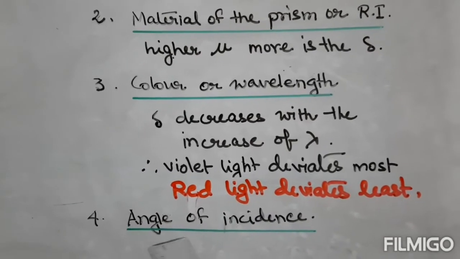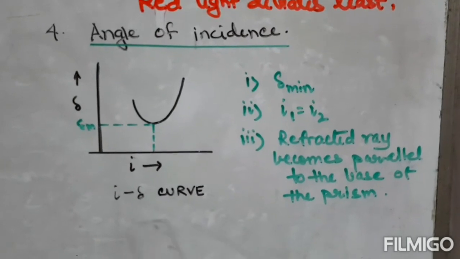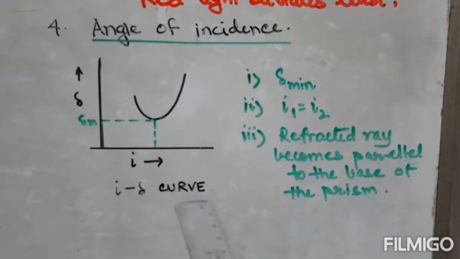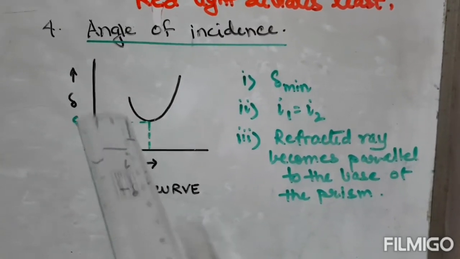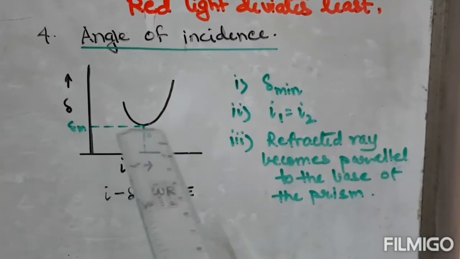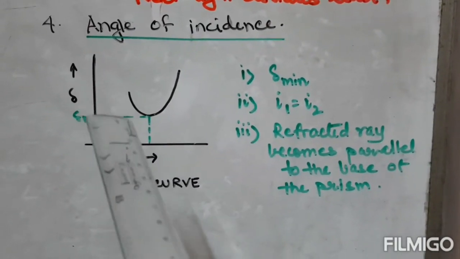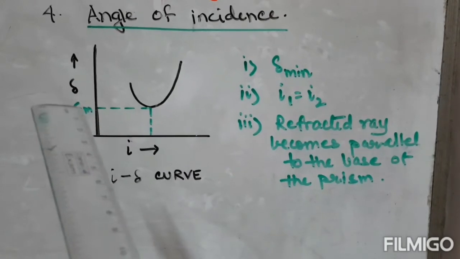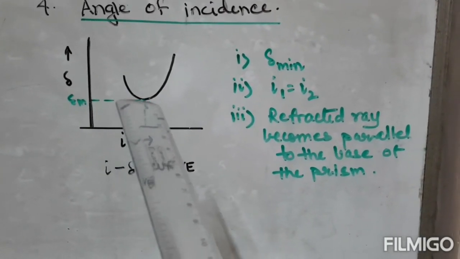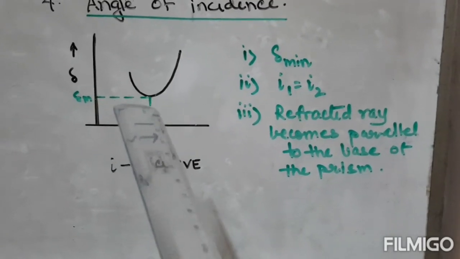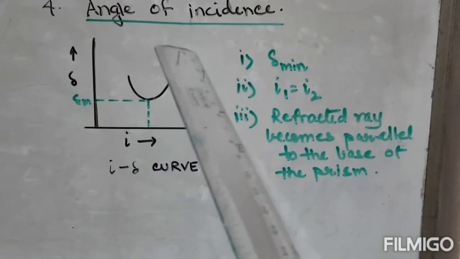The fourth factor is the angle of incidence. This is the I-delta curve. This curve we get from the experiment which is done by the spectrometer. When we increase the angle of incidence, at the beginning the angle of deviation decreases to a certain point, but then with the increase of angle of incidence it increases.